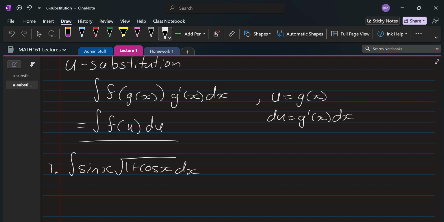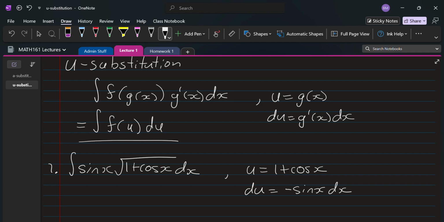So that inside part we should let be u. So we're going to say u equals 1 plus cos x. So du is, the derivative of cos is sine or minus sine? Negative sine, yeah. So minus sine x dx.